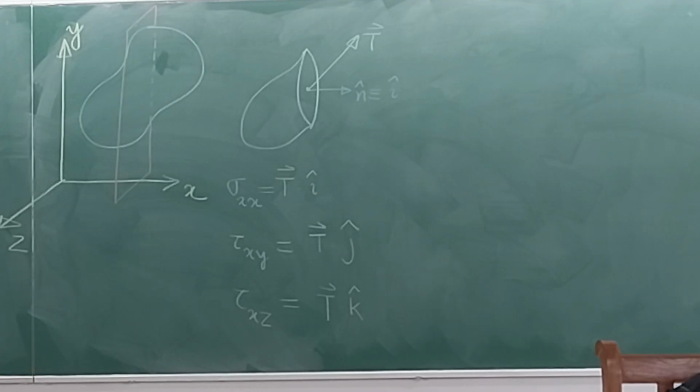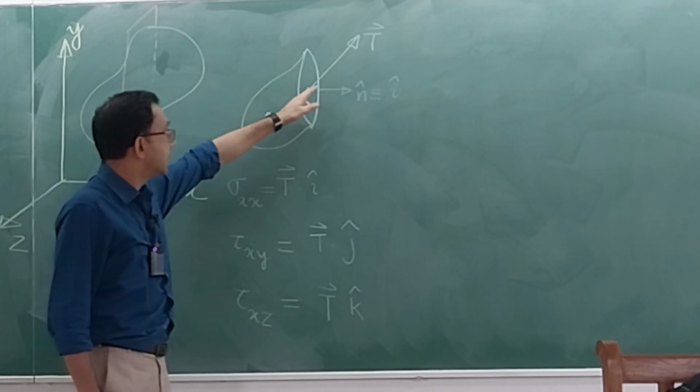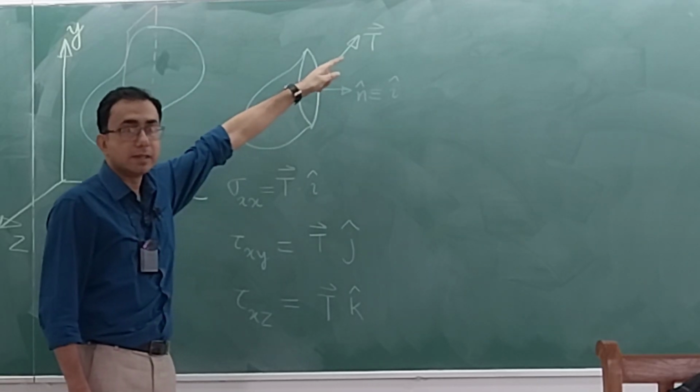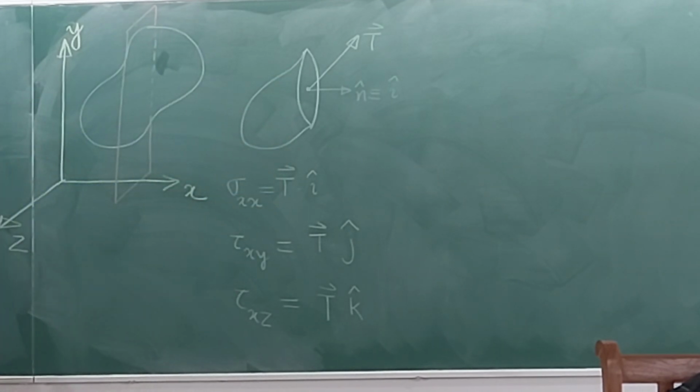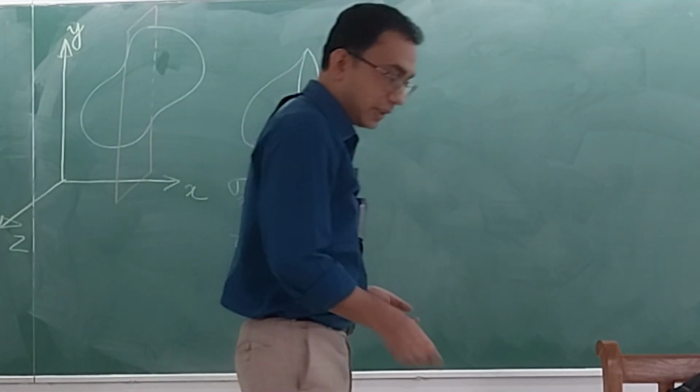It has no business being parallel to the unit outward normal, which is why I've been very careful about writing the t vector as not at all parallel to the n. In general it will never be parallel to the n. When it is parallel to the n, that will be the topic of discussion of another whole section. So we'll cross that bridge when we come to it. It's a very, very important bridge.